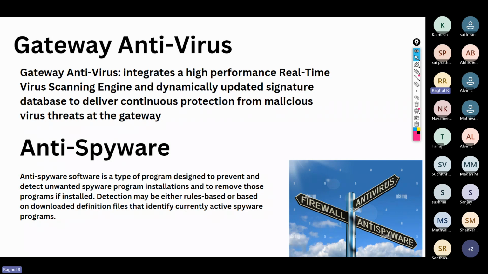The spyware will connect with the attacker via the network. The firewall will analyze all the incoming and outgoing traffic, and the firewall will find it with the help of anti-spyware.